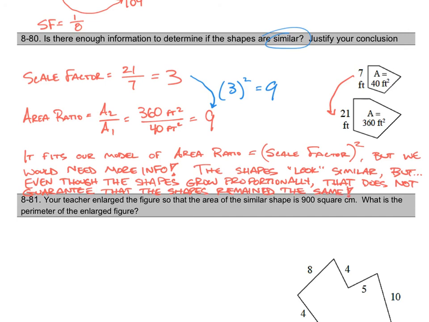So yeah, this one's a little tricky. It fits our model that area ratio is equal to scale factor squared, but we would need more info. The shapes look similar, but even though the shapes grow proportionally, that does not guarantee that the shapes remain the same. We would need more information.